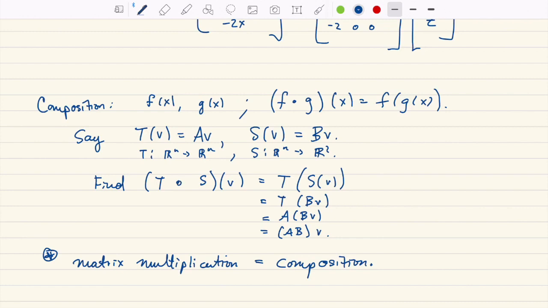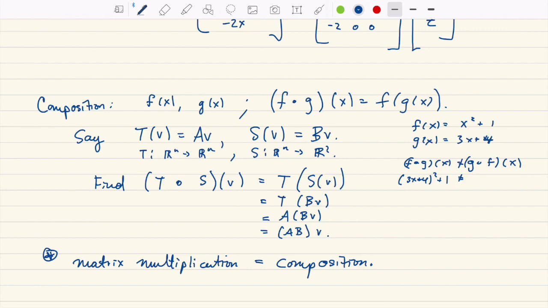And I should just point out that in general, if you were to have, just to make this up, f of x is x squared plus 1, and g of x is 3x plus 4, I want you to notice that f composed with g and g composed with f are not the same thing. f of g of x is (3x plus 4) squared plus 1.